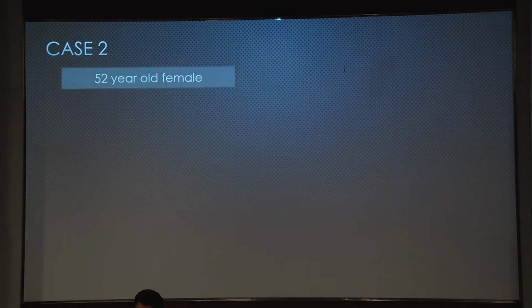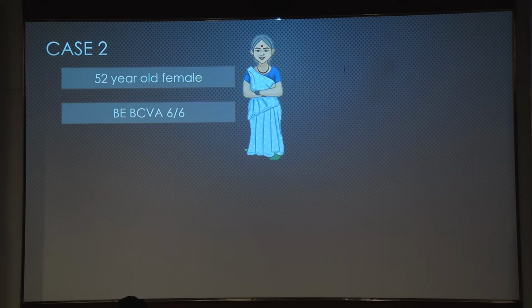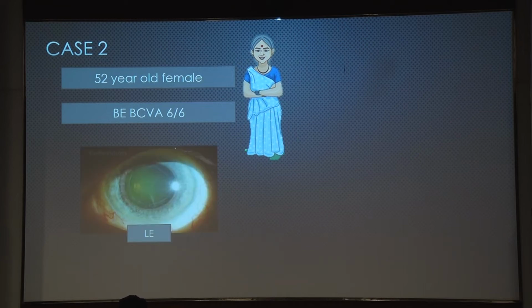Coming to case 2, a 52-year-old female came to us with the best corrected vision of 6/6 in both the eyes. The left eye showed PXF material at the pupillary margin. The left eye fundus examination showed a 0.6 cupping with the inferior thinning of the neuroretinal rim.